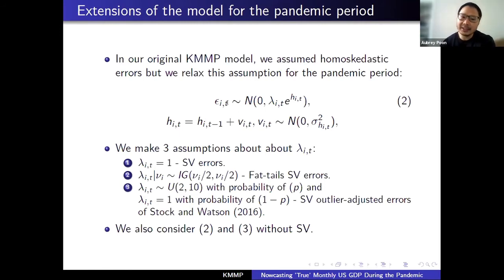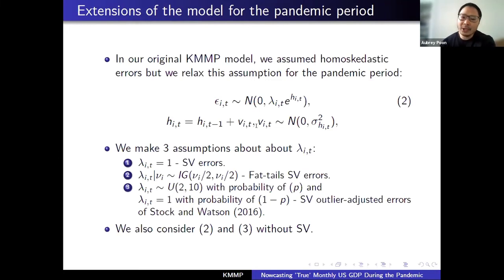This is our general specification. Here we can write the error term as normal, given some unobserved lambda and a stochastic volatility term. This stochastic volatility term follows a random walk.